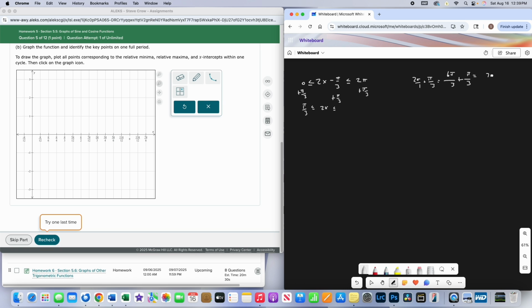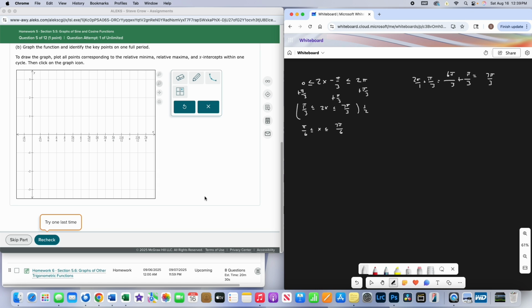So that's going to be 7 pi over 3. And then I'm going to multiply everything times a half to get rid of the 2. So that's going to be pi over 6 less than or equal to x less than or equal to 7 pi over 6.